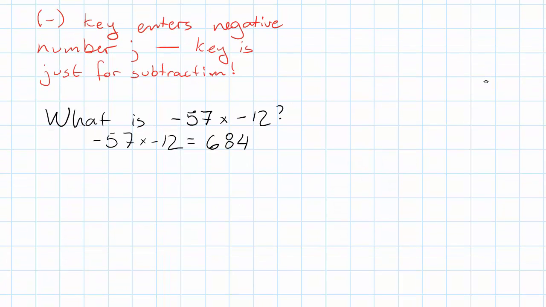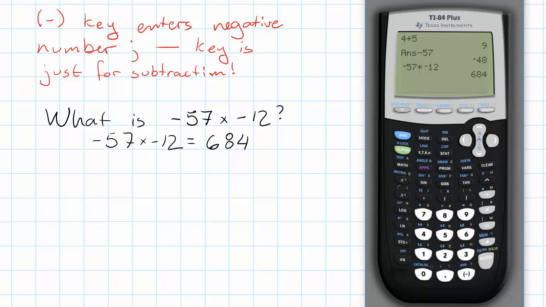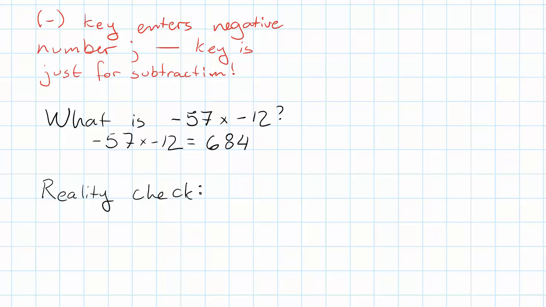Now, pressing the wrong button when we're using a calculator is totally a thing that happens, right? So we want to do a little bit of a reality check. The first reality check we want to do is, we're multiplying a negative times a negative, so our answer is positive. And that's what we see. The second reality check we want to do is, well, negative 57, that's pretty close to negative 60.